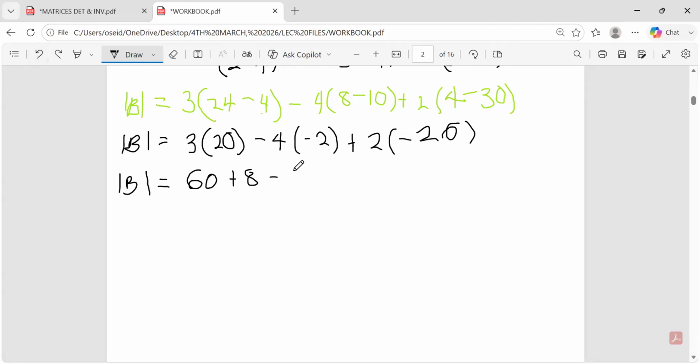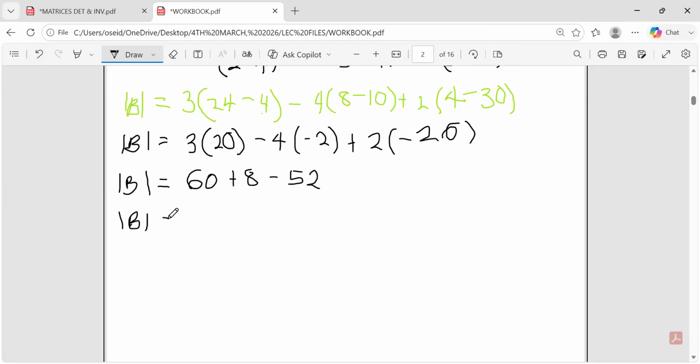B will be equal to 8, because 60 plus 8 will give us 68 minus 52.